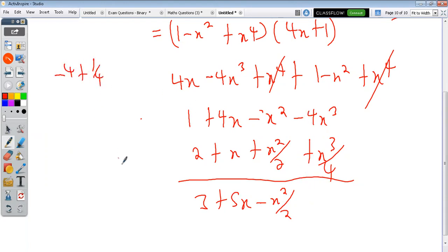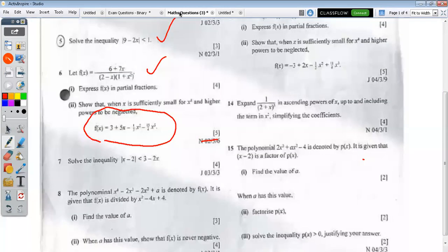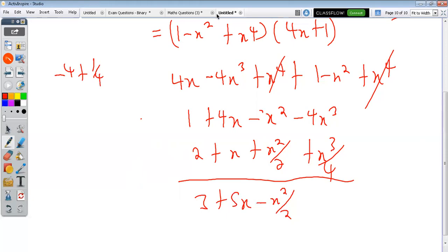Minus 3 3/4. Yeah, but what's that as an improper fraction? It's minus 15/4. Not minus 13/4.